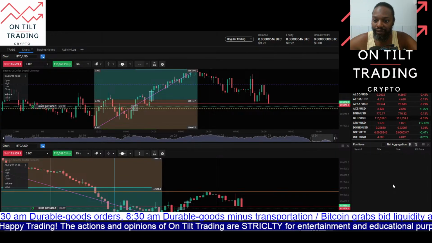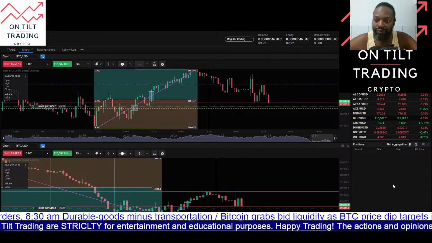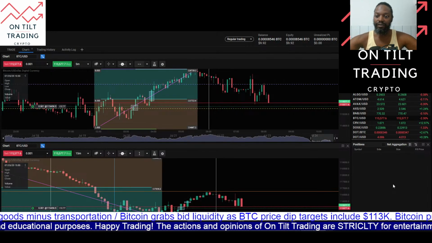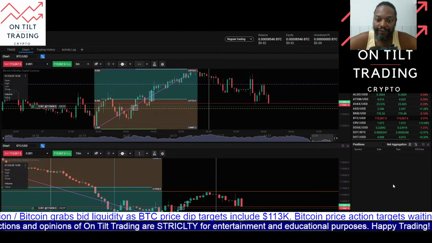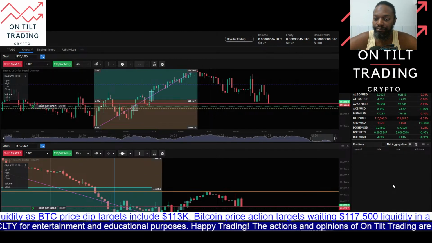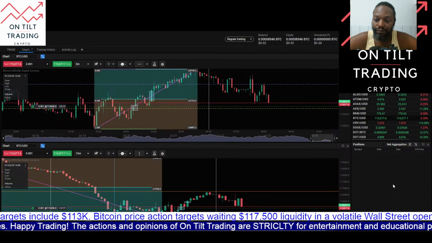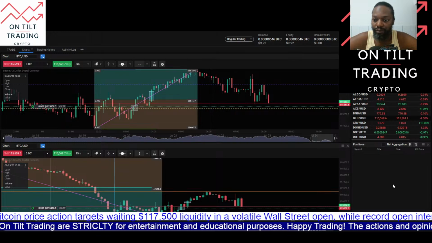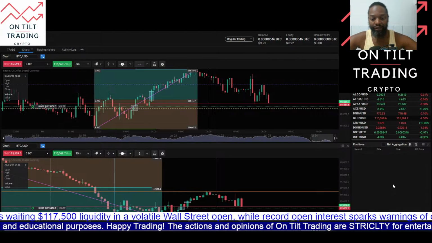Price trading here around 115,600 and 115,550. Trading in that range currently, consolidating around the 115,580 level. Less than 1 minute remaining in the current 5-minute candle and 15-minute candle.